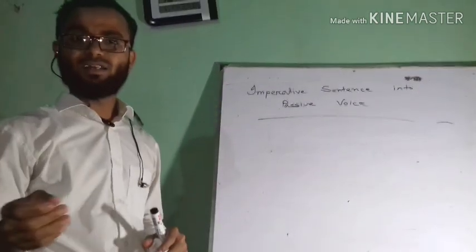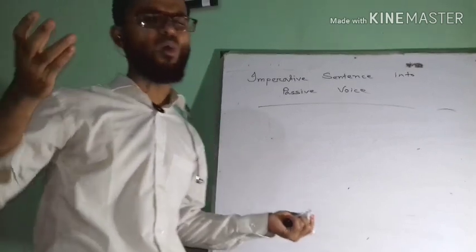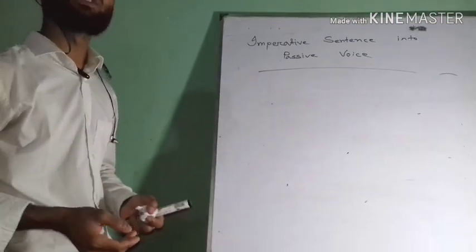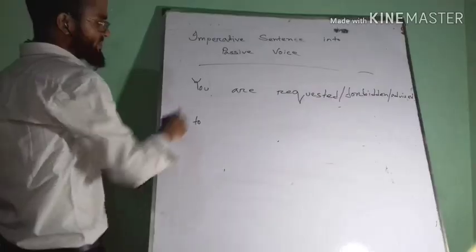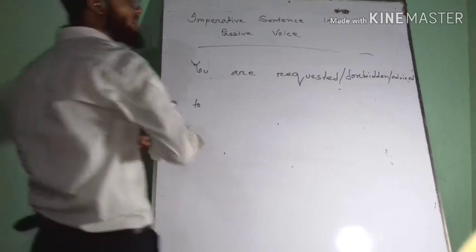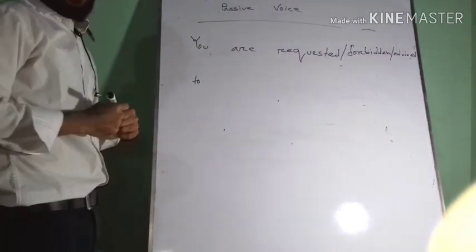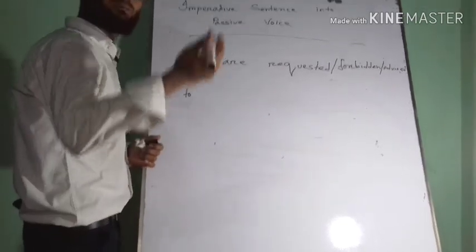If we don't find any object in a sentence, what will we do? You can use you are requested to, you are forbidden to, or you are advised to. Three things can be given, but I prefer you are requested to.